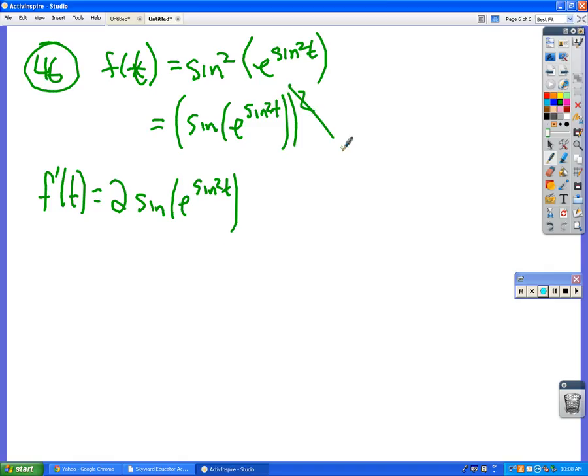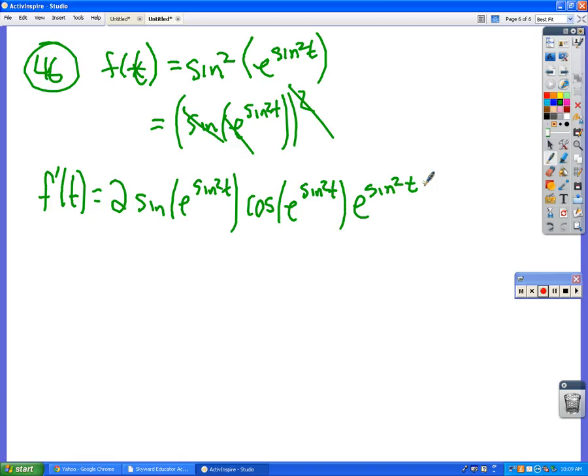What derivative do I do next? Well, the derivative of sine is cosine, and leave this stuff alone. So e to the sine squared t. Okay, what derivative do I do next? Oh, you're multiplying all of that? Yeah. Now I need the derivative of the e, and that's going to be e to the sine squared t.